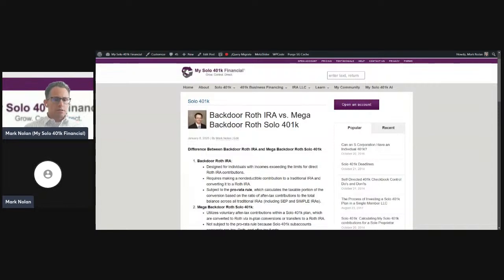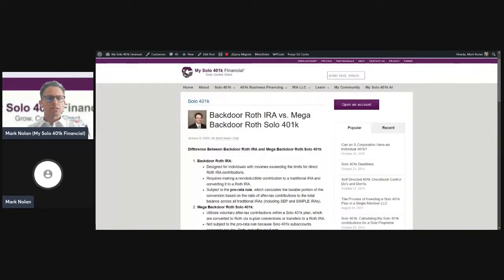Backdoor Roth means that you are making a non-deductible IRA contribution, and then you are converting that non-deductible IRA contribution to a Roth IRA. So that's the terminology that's used for the mega backdoor Roth versus the backdoor Roth.